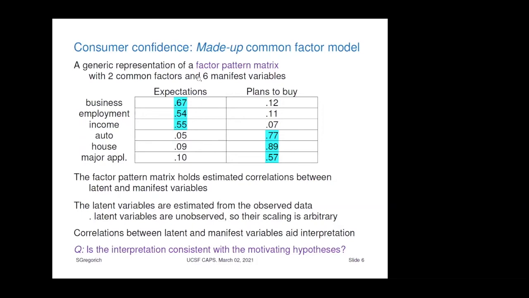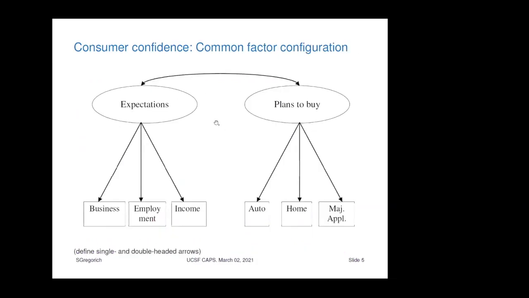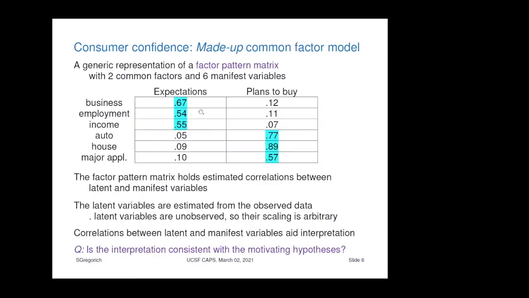So if I started with this conceptually as an a priori position, and I ended up with this, then I'm in a pretty good position to say, hey, I've got empirical support for my hypothesis about the measurement model that is appropriate for these 6 items.